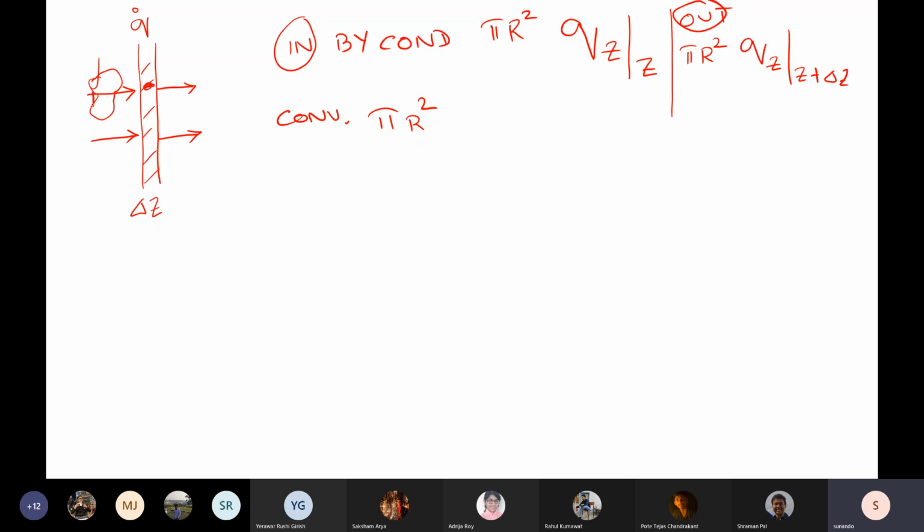And what is going to be the end point of the packet which is going to cross the interface in 1 unit of time? What is this distance from here to here? How do you express this distance so that it gives you the amount of fluid which crosses this interface in 1 unit time, 1 second, let's say? Flow rate.